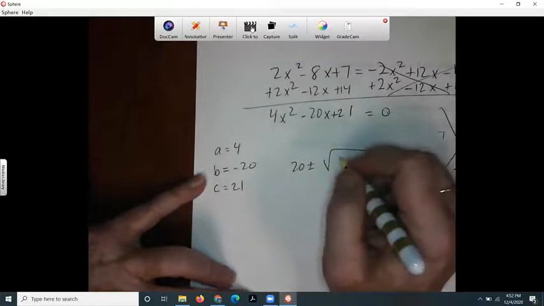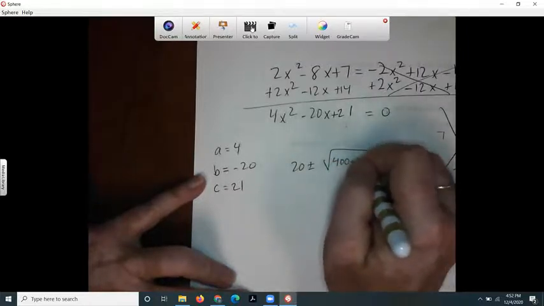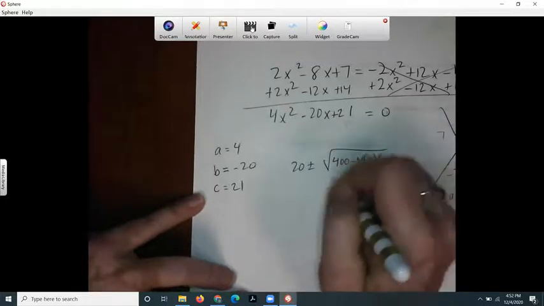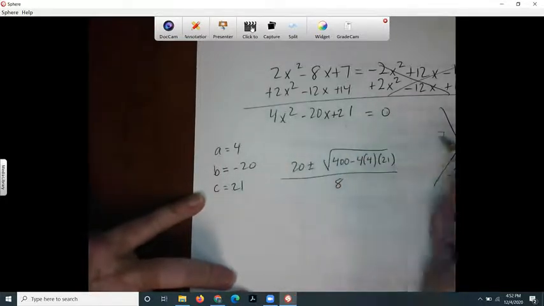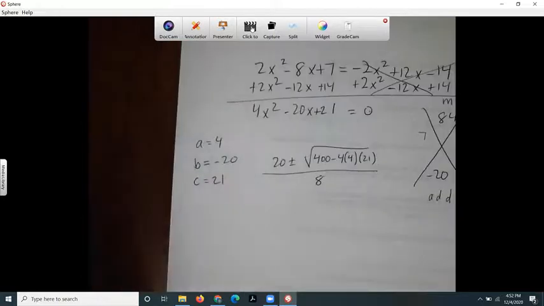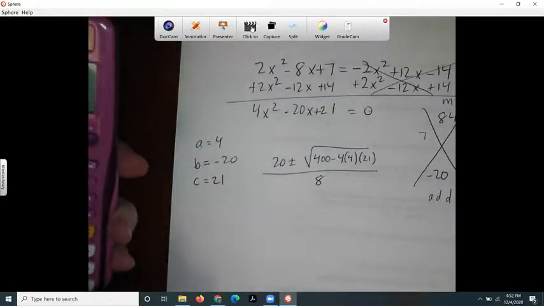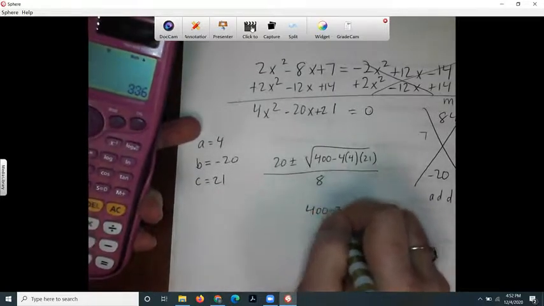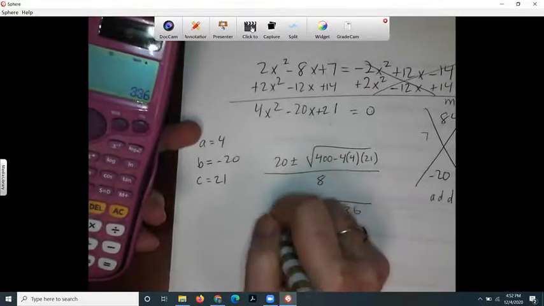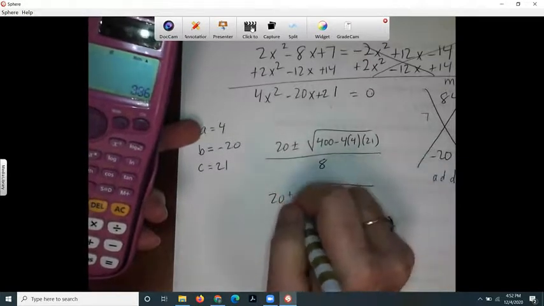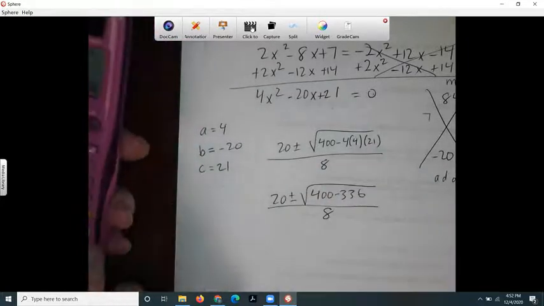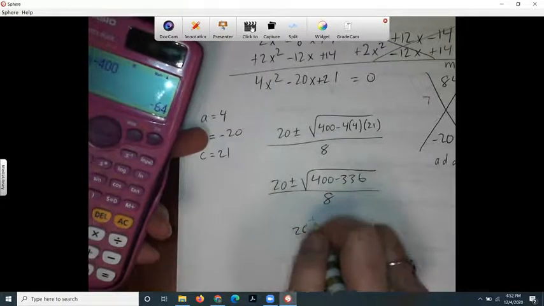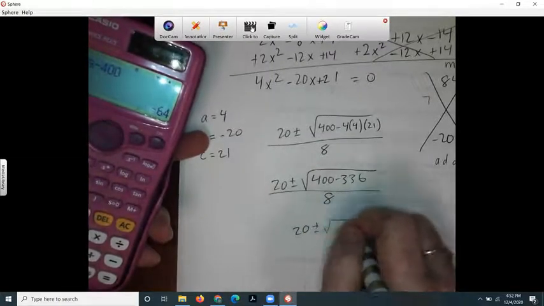So b squared would be 400 minus 4 times a times c all over 2 times a. See, I knew it would factor, but I just didn't have the patience.